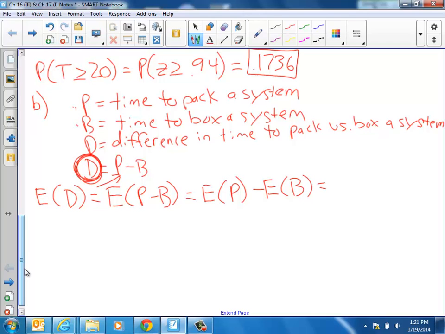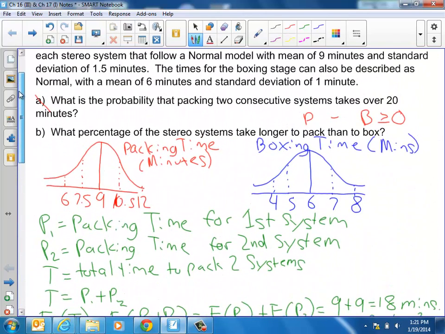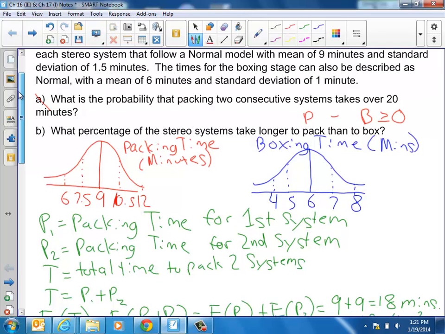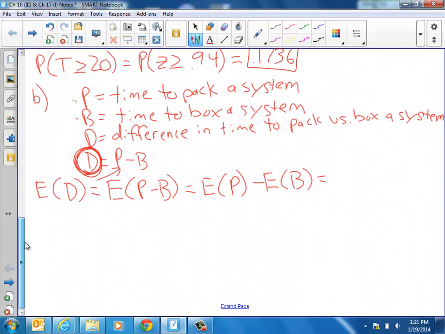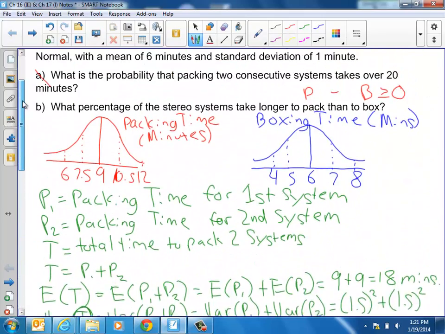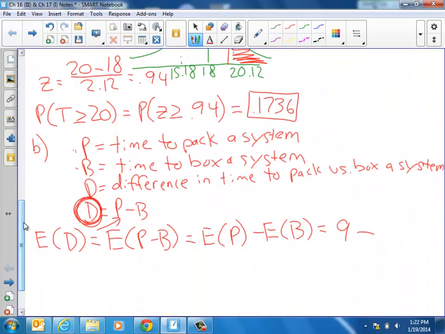So the expected value for a packing time, or the mean of one packing time for a box, we see is 9 from that first red bell curve. So 9 minus the expected value, or the mean of a boxing time, is 6. So 9 minus 6 equals 3. We've got the first parameter that we need. May as well circle that. We've got the first parameter we need for this new bell curve for random variable D.